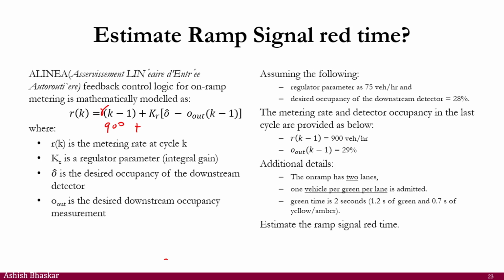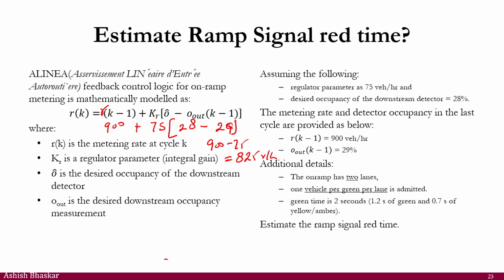Your K_R was 75. Your occupancy is 28 minus 29. So that leads to 900 minus 75, right? That was 825. That's what you get. So 825 vehicles per hour is what you're expecting. That should be allowed to enter.